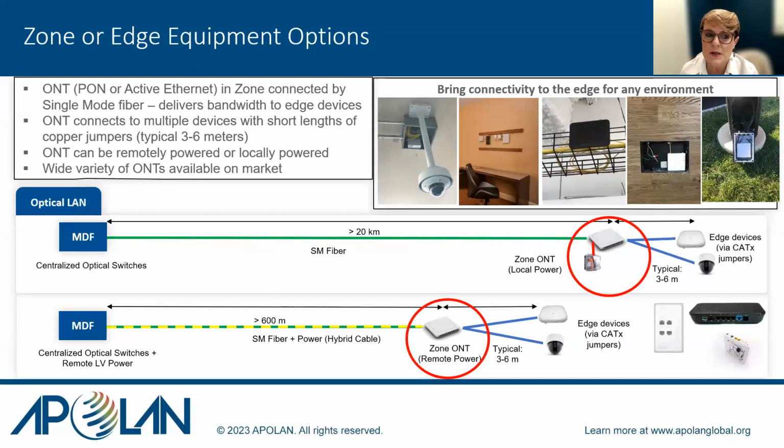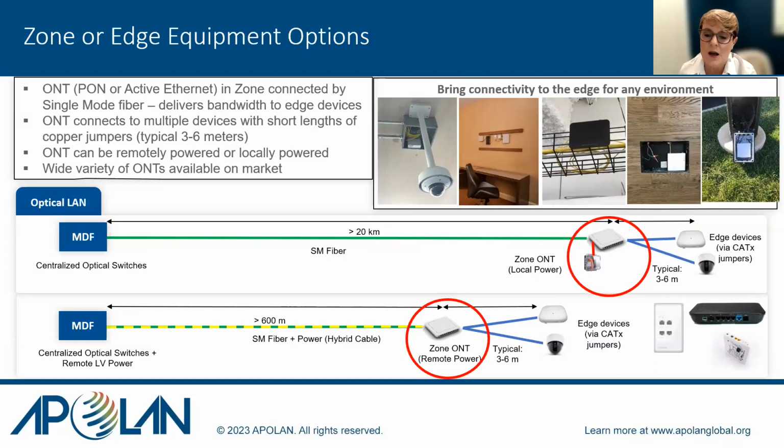So what we're doing is taking what we call an optical network terminal. These can be for a PON network or for an active Ethernet network, and we're putting them in a zone, and they're being fed by a single mode fiber. And then from this device, you can connect to multiple devices at the edge.